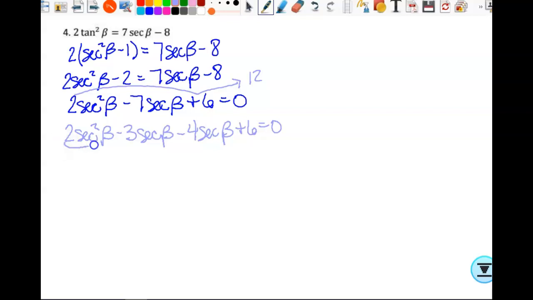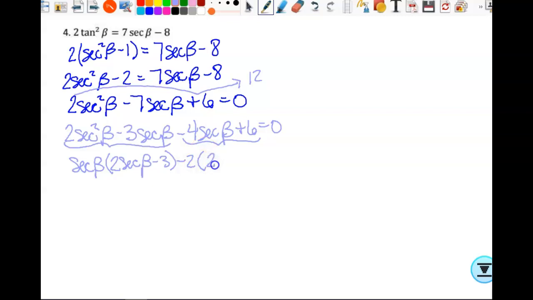Okay, so out of these first two, I can just factor out a secant beta. That leaves me with 2 secant beta minus 3. What can I factor out of these two? Negative 2. Good. Negative 2.